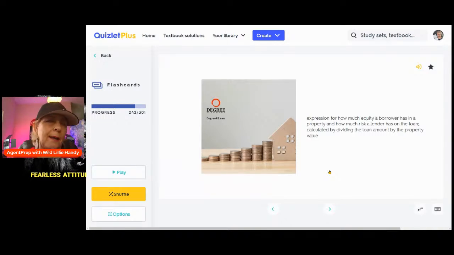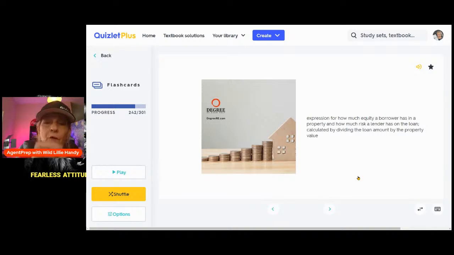So someone is buying a $500,000 property, but it's valued at maybe 600,000. The lender is going to loan 500,000, or they're going to loan 400,000. So you divide the 400,000 by the 600,000.